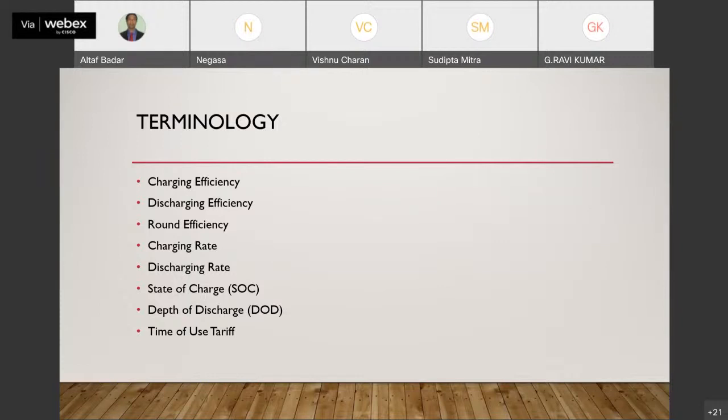When it takes 2 hours to charge, that means it is charging at 25 watt per hour. That is your charging rate. This will vary with the battery type and many other factors. We will not go into the details of that today.